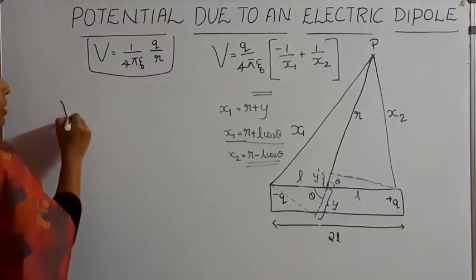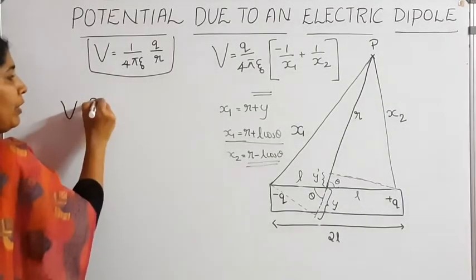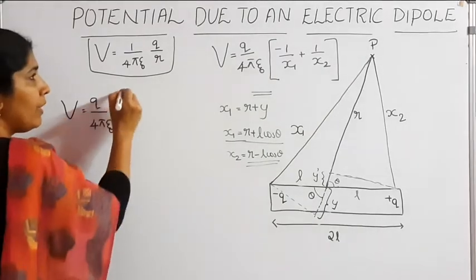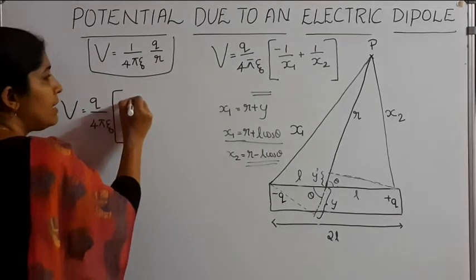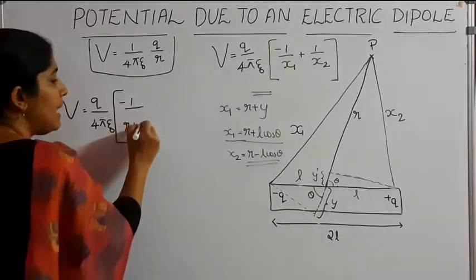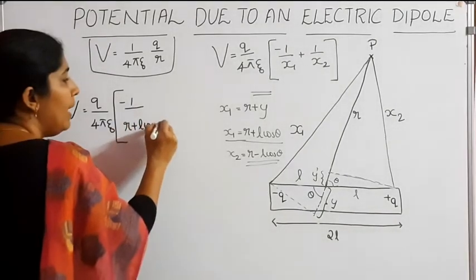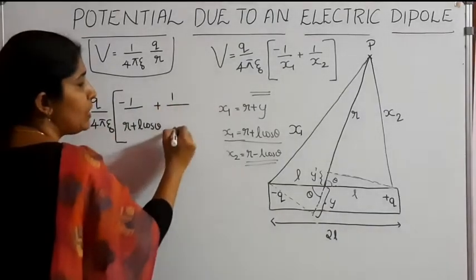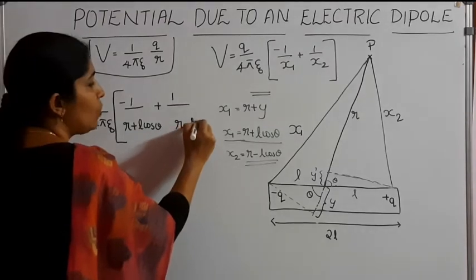Therefore, total potential V is equal to Q divided by 4 pi epsilon 0 into minus 1 by x1, where x1 is equal to r plus L cos theta, plus 1 by x2, where x2 is equal to r minus L cos theta.